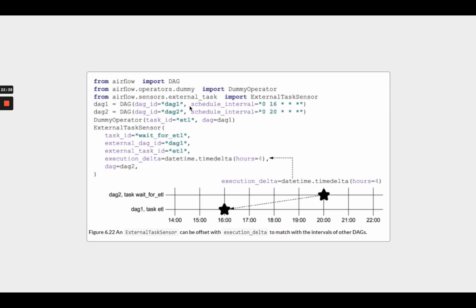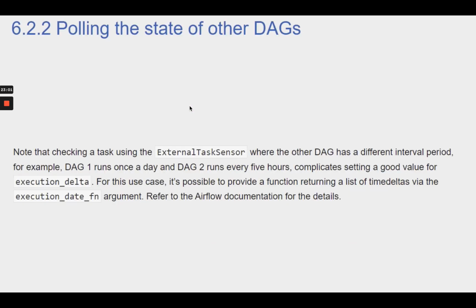This offset is controlled by the execution_delta argument on the external task sensor. It expects a time delta object, and it's important to know it operates counterintuitive from what you expect. The given time delta is subtracted from the execution_date, meaning that a positive time delta actually looks back in time. Figure 6.22.